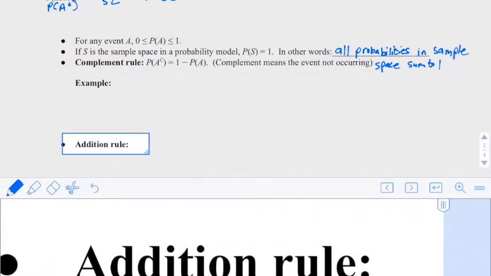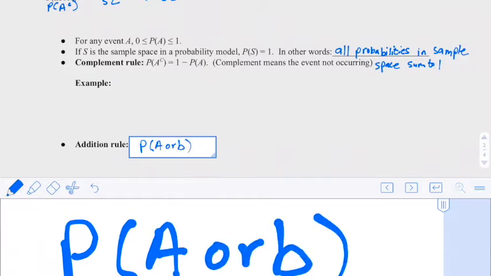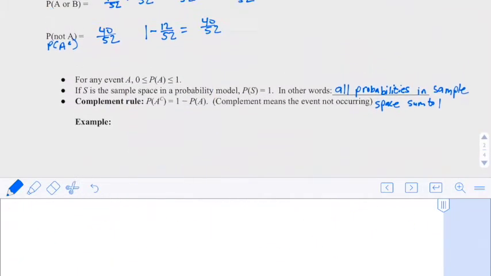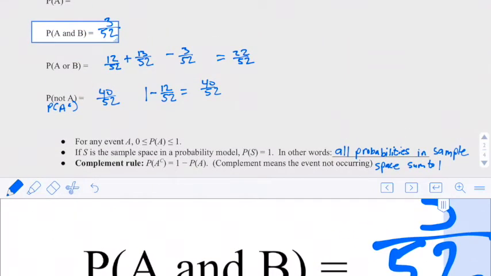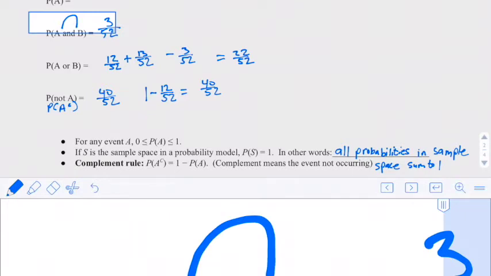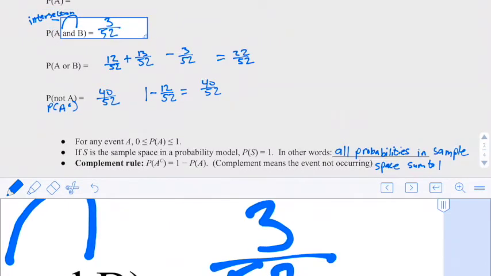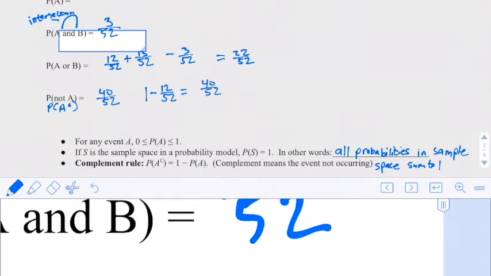The addition rule is the probability of A or B. Now I didn't show you the symbols yet, so let's go through and learn these symbols. We have probability of A and B. Remember, those are the same thing happening at the same time. We use this symbol, which is called intersection, because it means both happening at the same time.